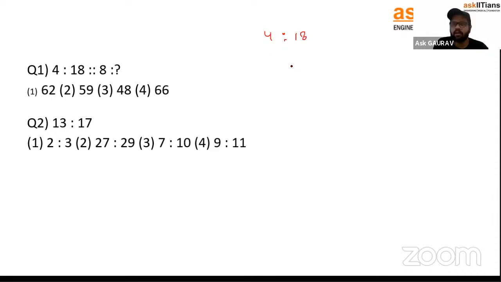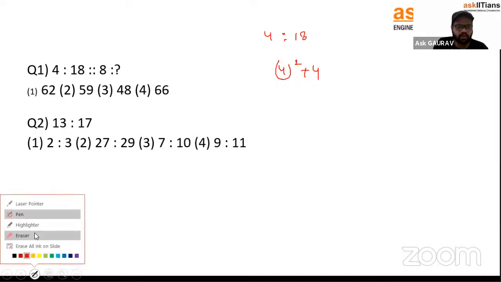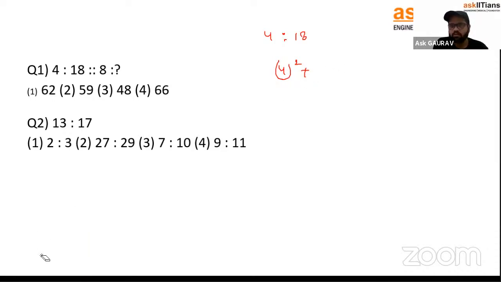Sorry, it's not 20, it's only 18. So 4 square plus 2. Yes, guys, 4 square plus 2, you will reach 18. Then 8 square plus 2. 8 square is 64 plus 2. That is 66. So the option is 66.